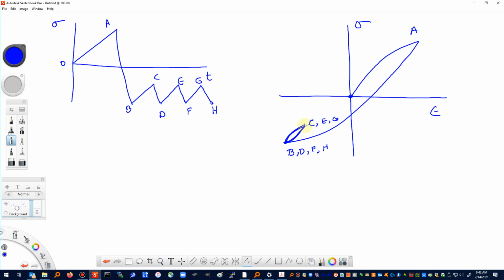First of all, we went C down to D. So we went B, C, D. We went D, E, F. And then we have an F, G, H. Okay, so those would be our hysteresis loops that we have for that one. You'll have a homework problem, I think, that will set this up.